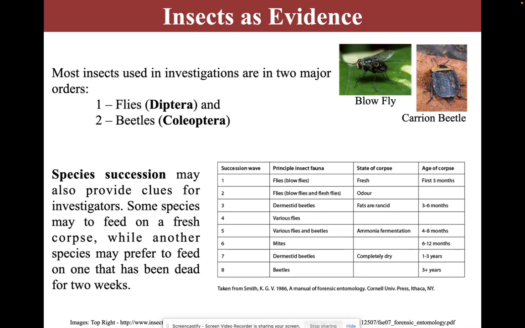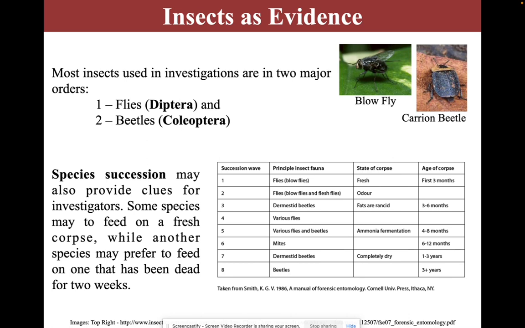If you look over at the table, the first type of insect that is going to show up on a corpse will be succession wave 1: flies, especially blowflies. They will show up on a fresh corpse and stay there for the first 3 months.